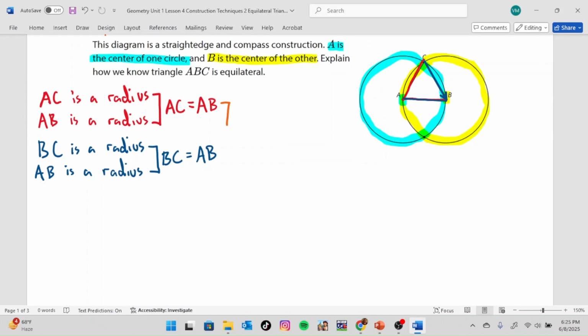Now, if you look at these, AC equals AB, and AB equals BC, all three sides are the same length, therefore they are equilateral.